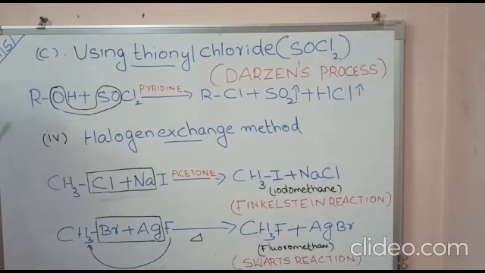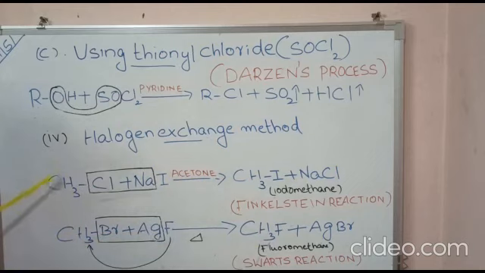Let us move to the last preparation method of haloalkane, that is the halogen exchange method. The halogen exchange method is used for the preparation of iodoalkane and fluoroalkane from chloro or bromoalkane.